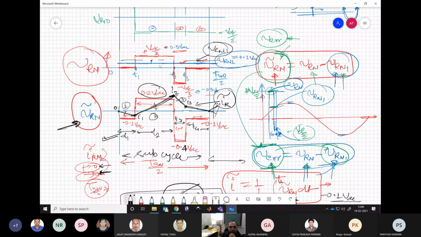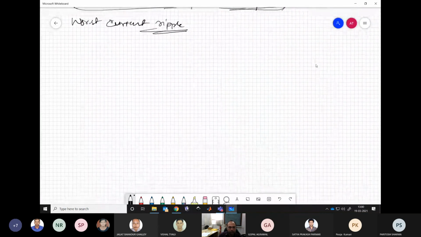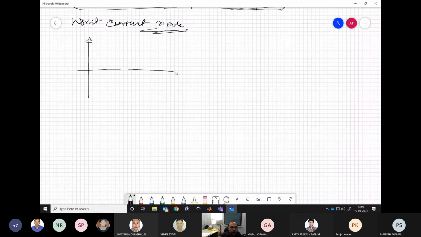So when can this be worst? Let me go back to our pole voltage. There the guesswork is easier. Let's say at any switching cycle, we are trying to realize this voltage level, and we are applying either this value or this value.